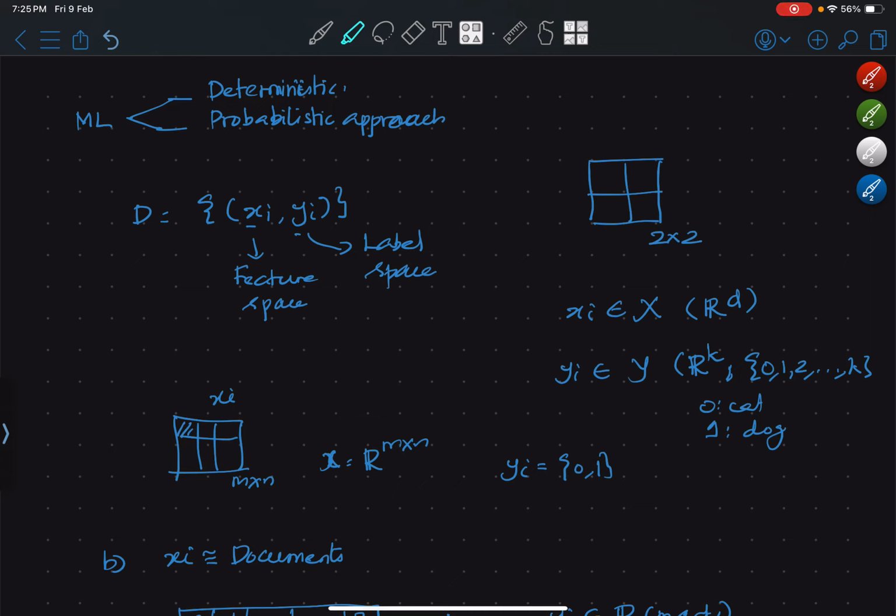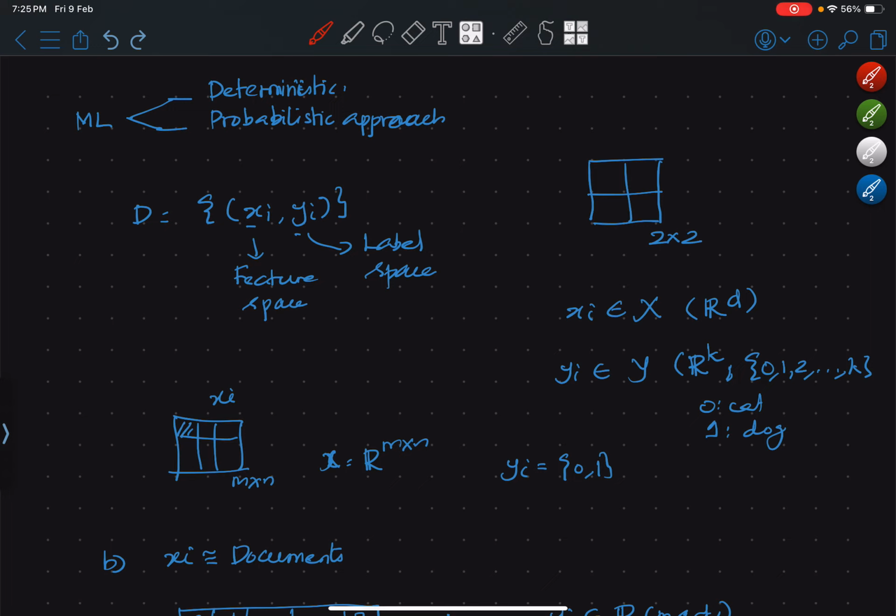So what we have right now is something we call data. We are given what we call data. Let me parallelly mark the points which we're covering so that we don't lose track.